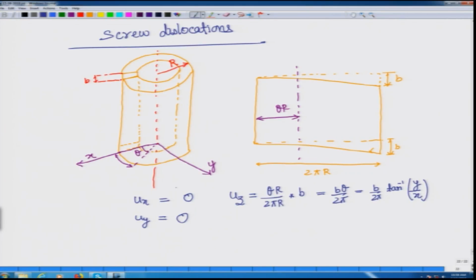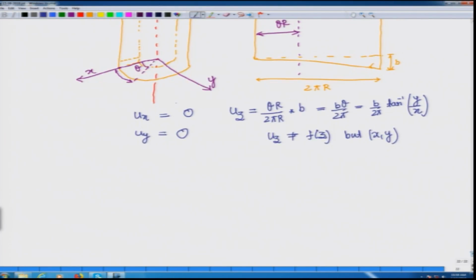Now, the first thing you have to realize is that we are talking not about the strain, but the total displacement in z direction. What we get is that u z is not a function of z, it is a function of x and y. That is something very interesting, but not really of concern right now. So, this is the form of u z.